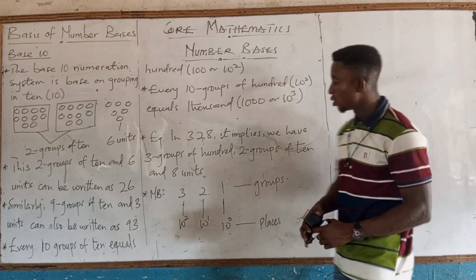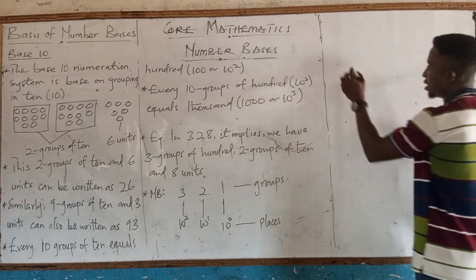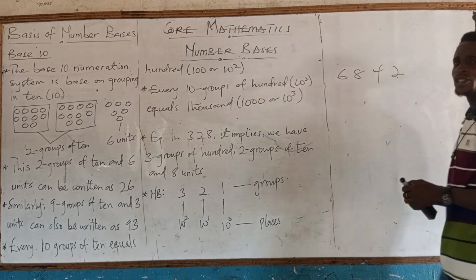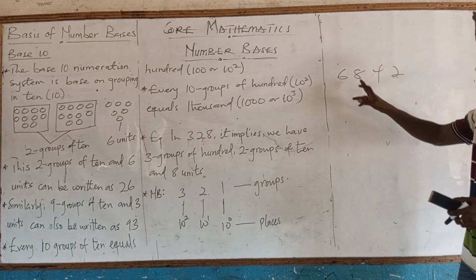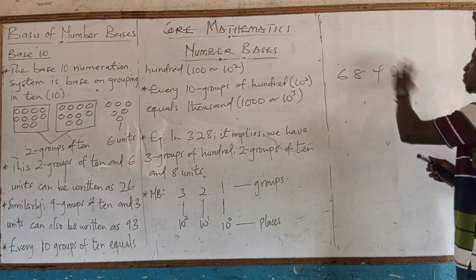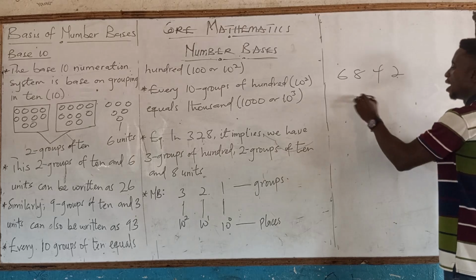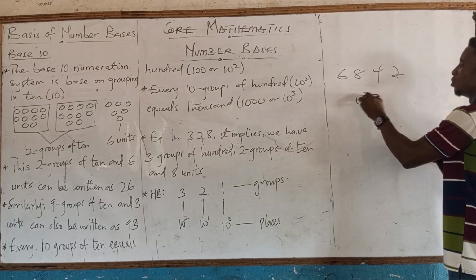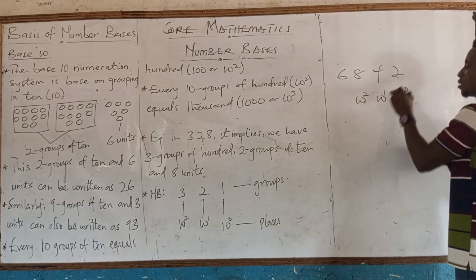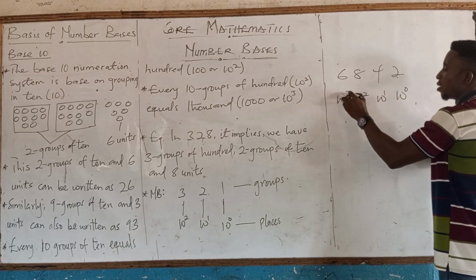Do we get that? So having something like this, let's say 6, 8, 4, 2. I can ask you the place of 8 here. We know we are in base 10, so we have 10 exponent 2. But this one will be 10 exponent 1, and this one will be 10 exponent 0, 10 exponent 2 or 3.